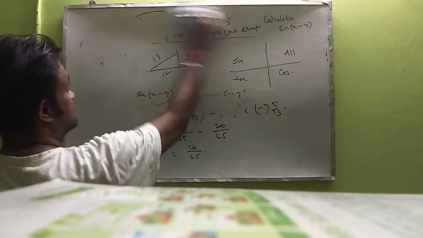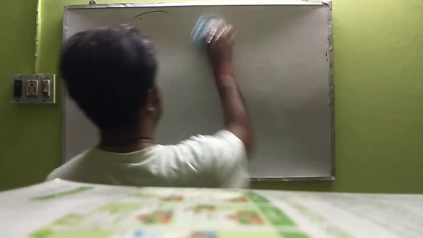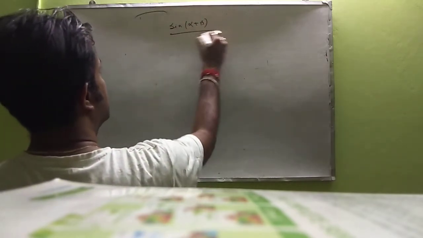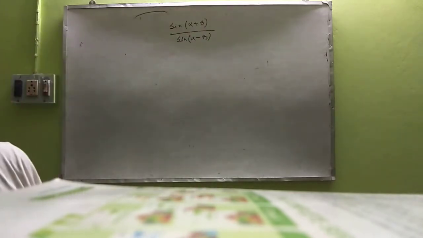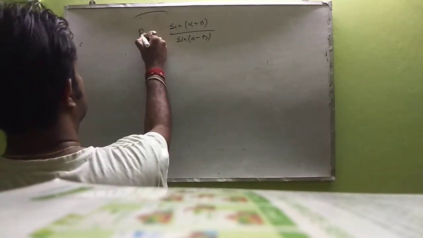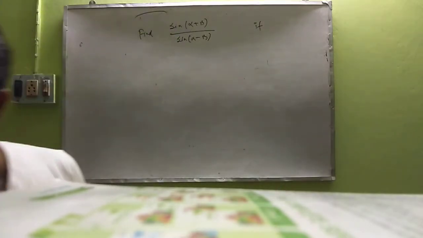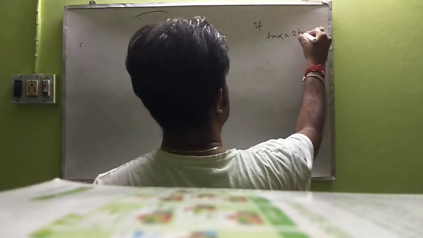Now we discuss a very good sum. Find sine of alpha plus beta over sine of alpha minus beta, if tan alpha is equal to 2 tan beta.